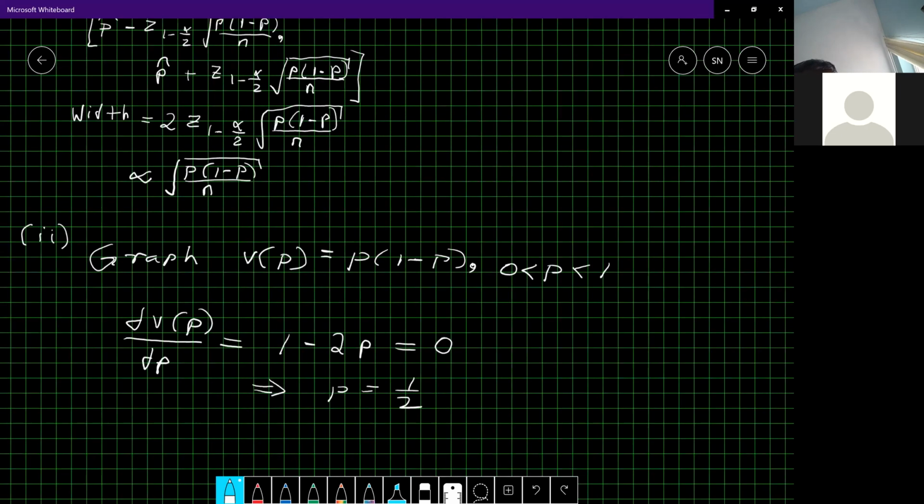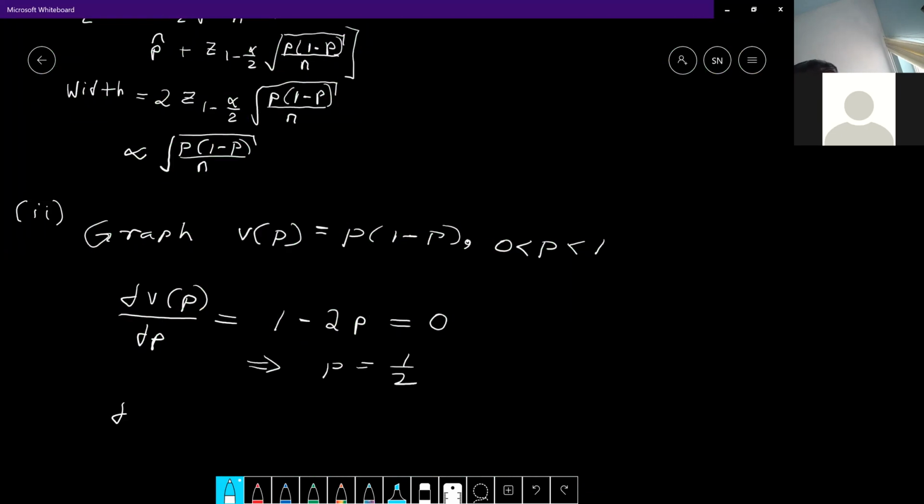Right. Now the second derivative is minus 2, which is negative.